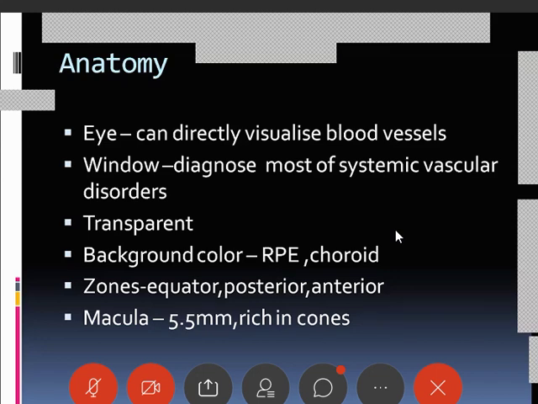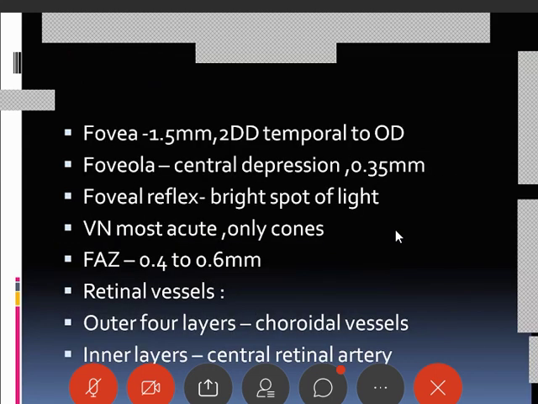At the center of the retina, there is one area, the macular area. It is about 5.5 millimeters in diameter, and it is rich in cones. Then at the center of the macula, we have the foveal area, which is 1.5 millimeters in diameter, and it is 2 disc diameters temporal to the optic disc.